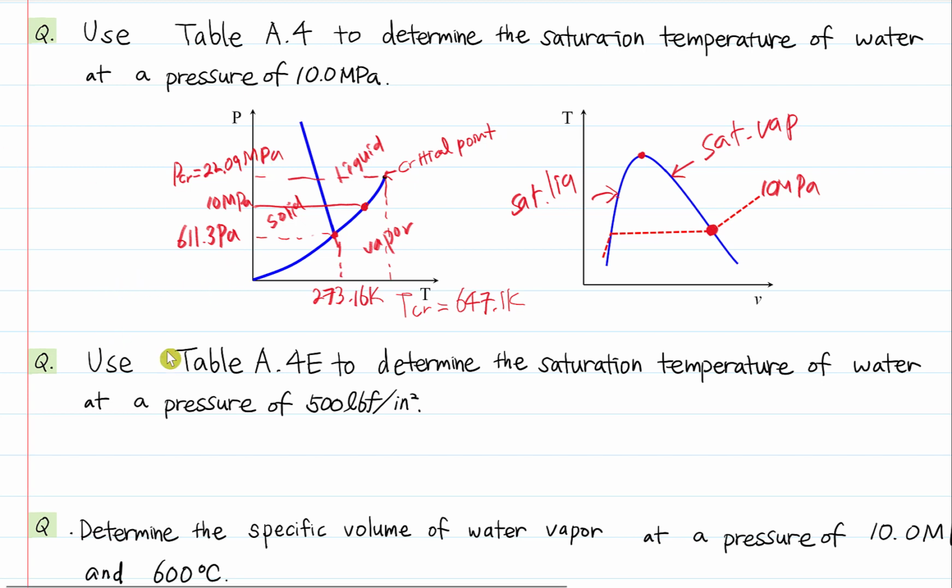Next question, use table 8.4e. E here denotes English unit, to determine the saturation temperature of water at 500 pounds-force per inch squared, or psi. So this is a similar question, but we'll use the English unit. So you may pause the video and find the answer.